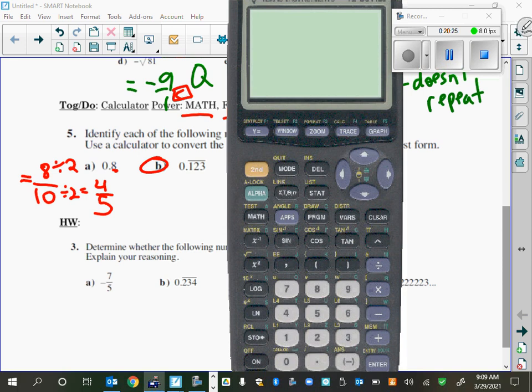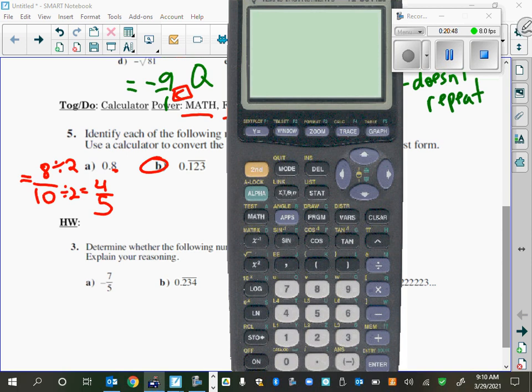Okay, so anybody get it? Anybody get a fraction? What'd you get? Good try. You're close. So close. 41 over 333.